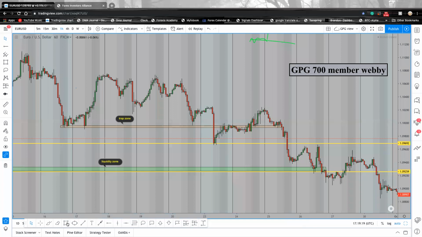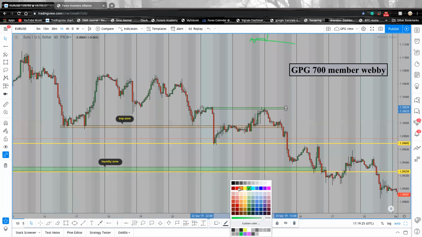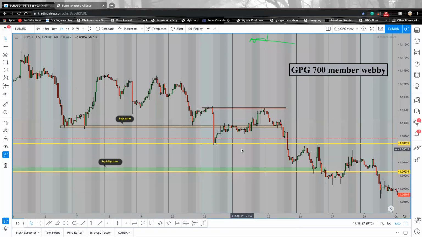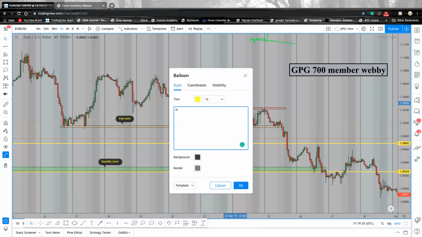All right. So where is the high or low of the previous day in this case? Right here. So now let's make this red. Cool. Now we got our trap zone, our liquidity zone, and now you got the high of the week, basically.